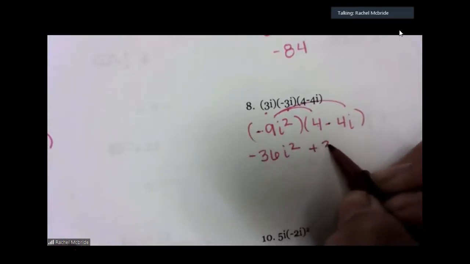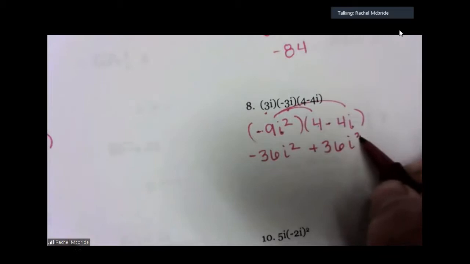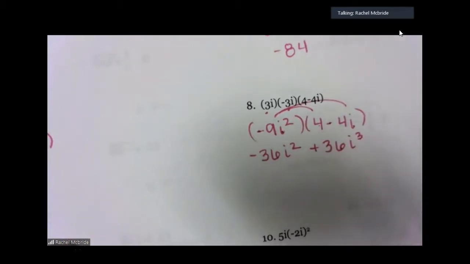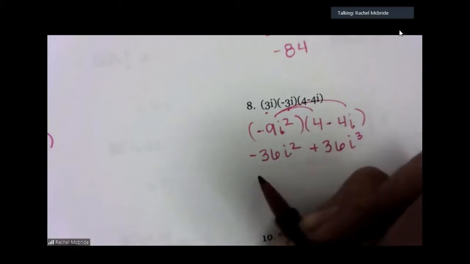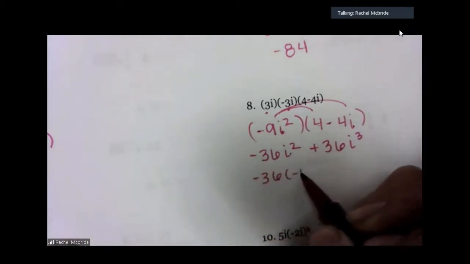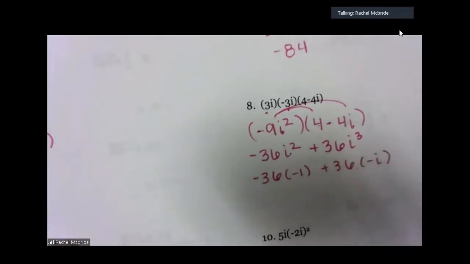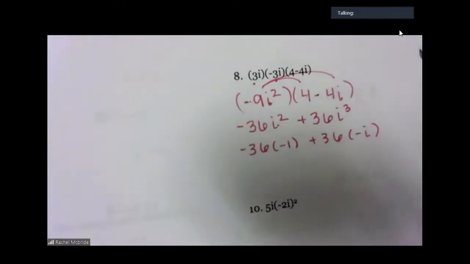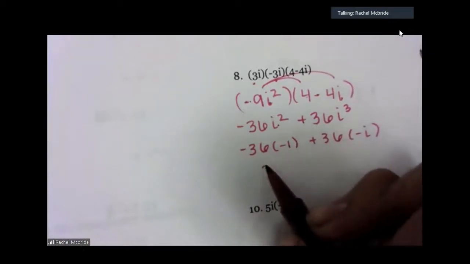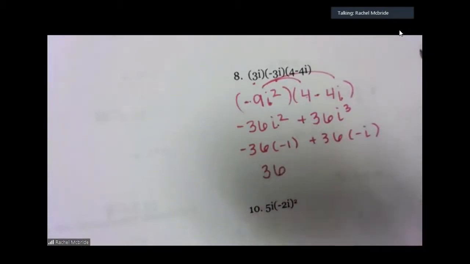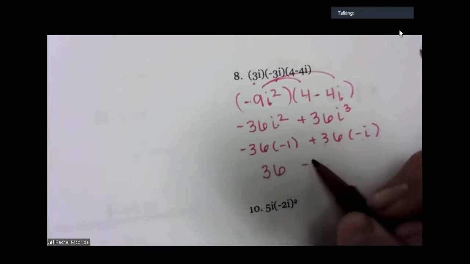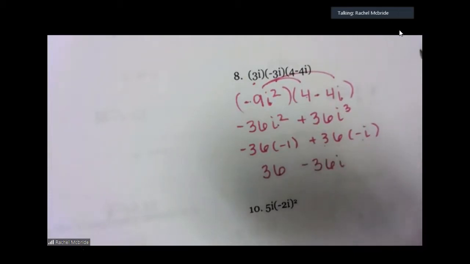Negative 9 times negative 4 is positive 36. i squared times i is i cubed. So i squared becomes negative 1. i cubed becomes negative i. So a negative times a negative is a positive, and a negative 36i.